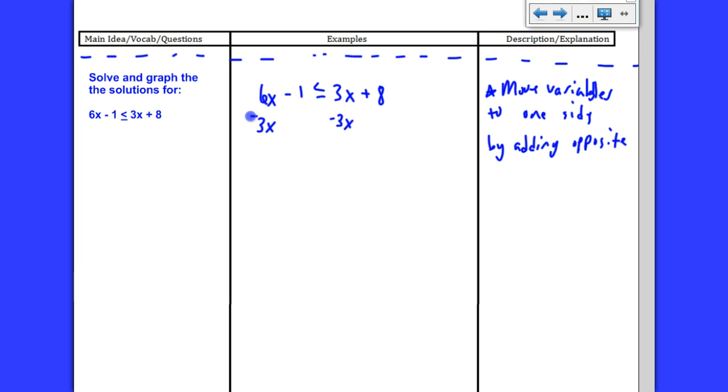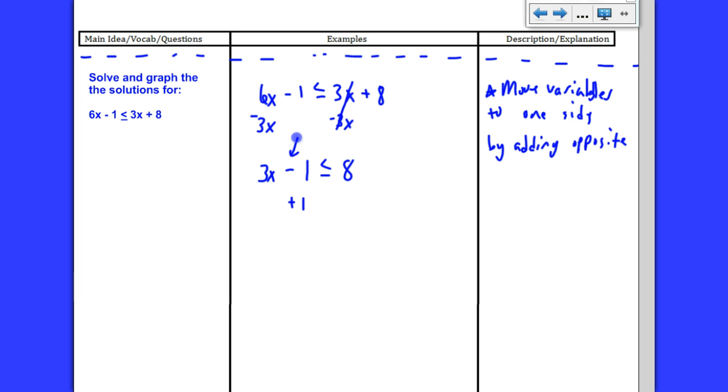So the question is, do I reverse my sign? No, you do not reverse the sign because you didn't multiply. You just subtracted, and you can subtract. If you don't understand that, go back and review your notes from 3-2. 3x minus 3x is 0, but you have 8 left here. Now you're just going to solve this two-step equation. Add 1 to both sides.